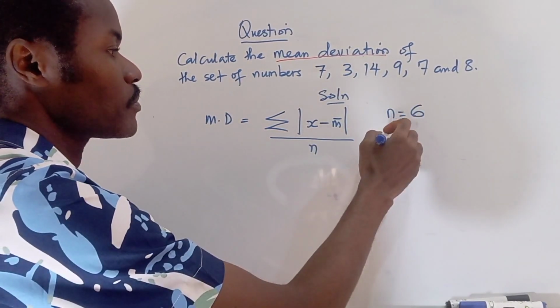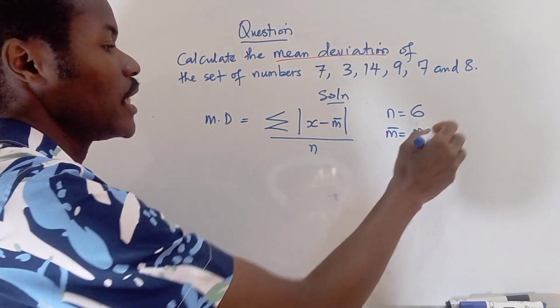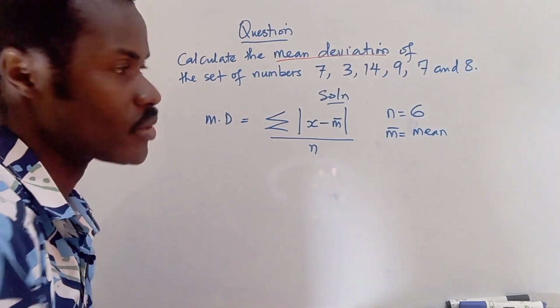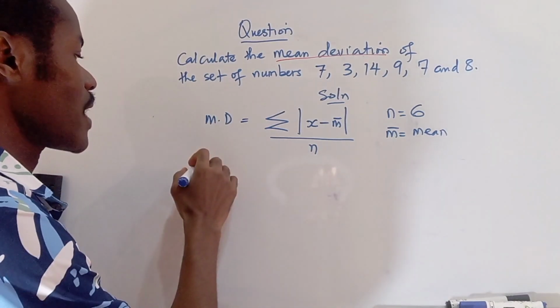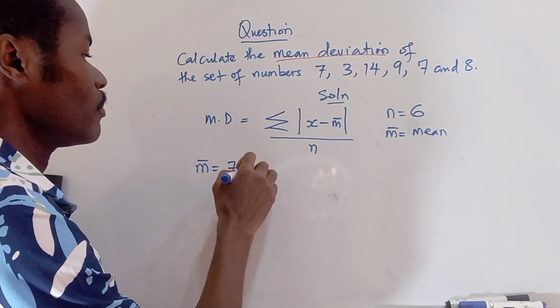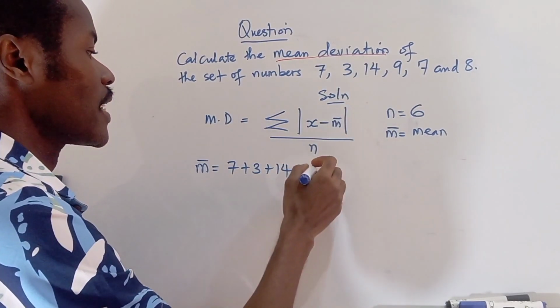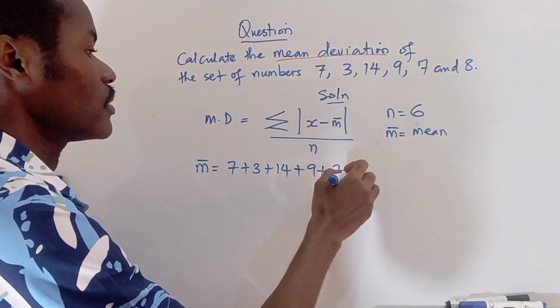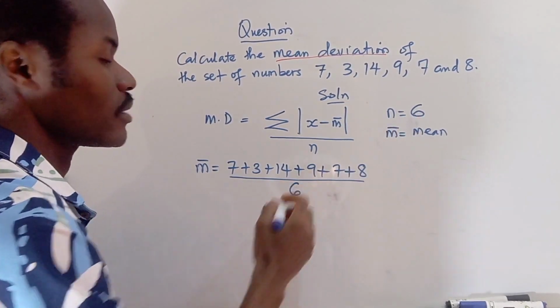What about our mean? For the mean, we are going to sum all the numbers and divide it by N. So let's first of all calculate our mean value. So we have 7 plus 3 plus 14 plus 9 plus 7 plus 8, divided by N, which is 6.